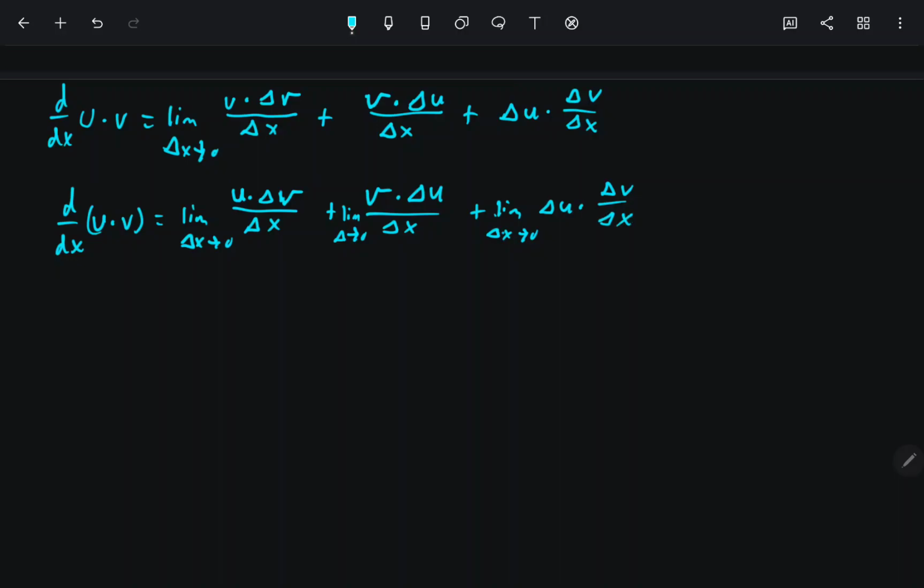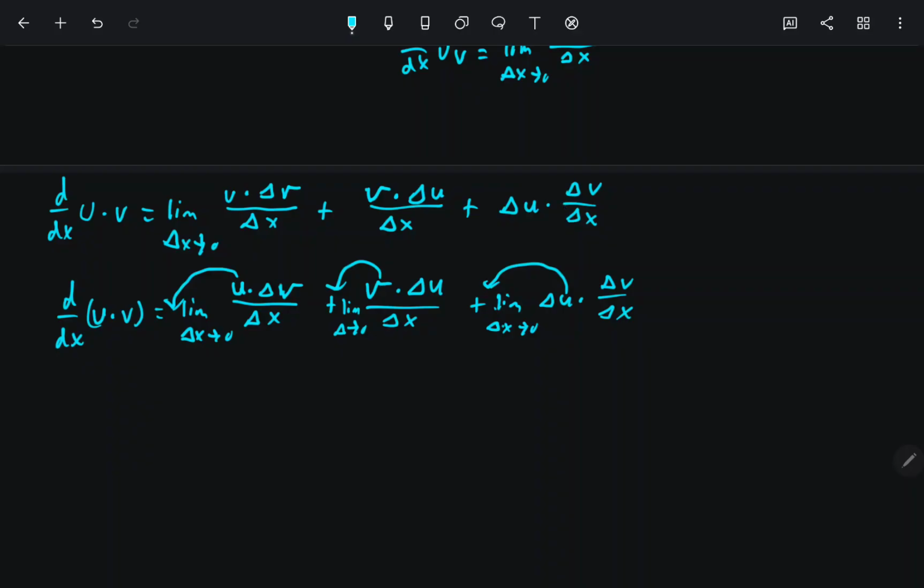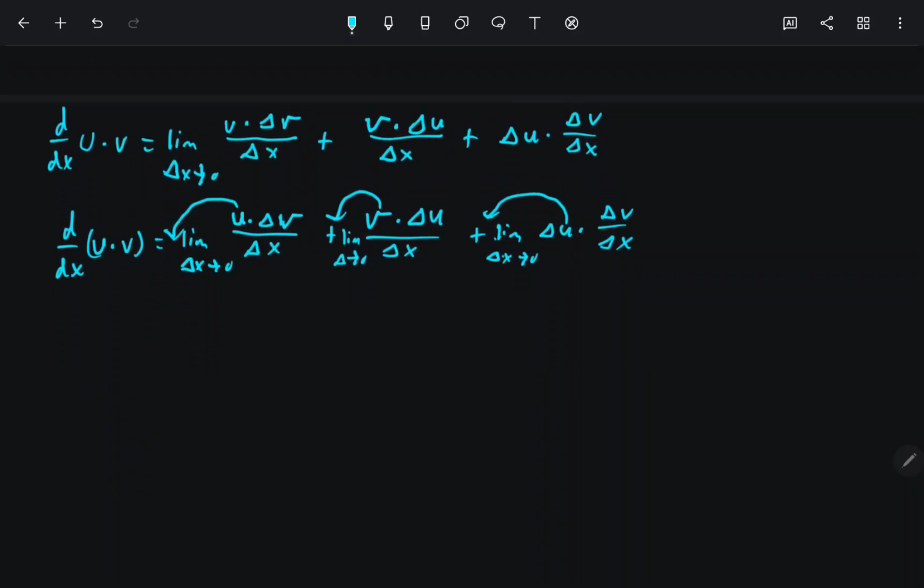Well, what can we do here? If this change is really just the derivative, we can pull this u out front, we can pull this v out front, and we can pull out this change in u out front. And that's going to be important in a moment. I'm going to keep a limit here for just a moment.